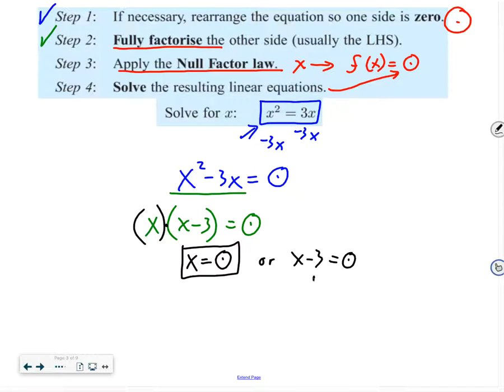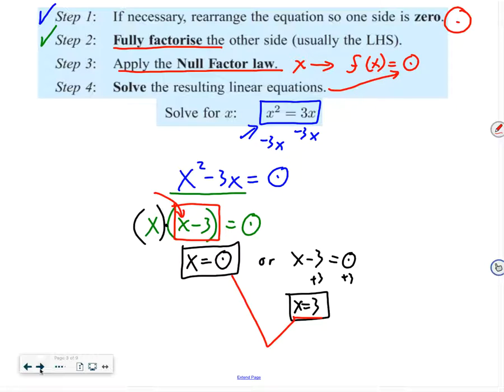If I add 3 to both sides of the other, I get x is equal to 3. That is also a solution. Notice I could easily, by inspection, ask what value do I plug into that equation to be equal to 0? That must mean x is equal to 3. So this is a type with two solutions.